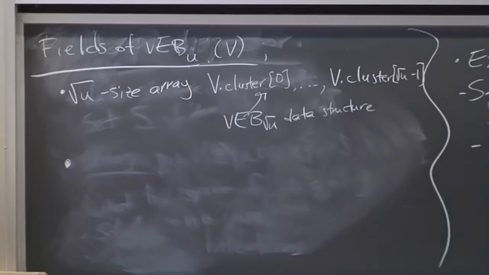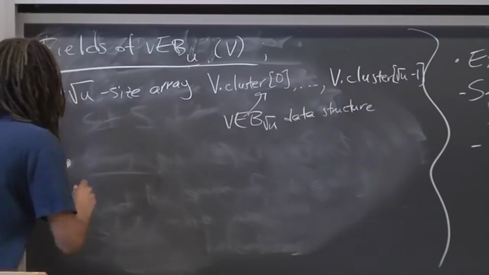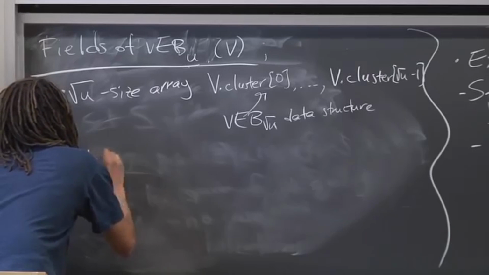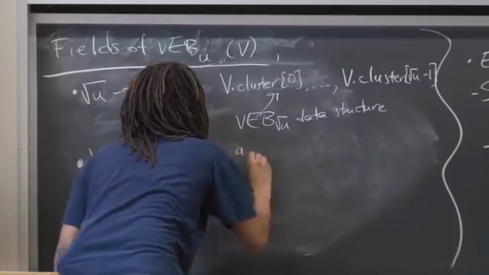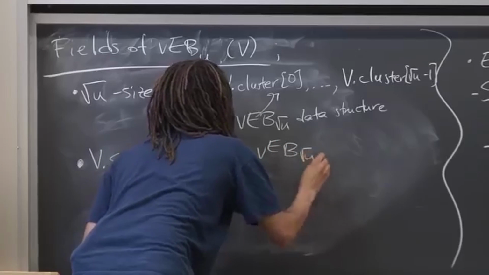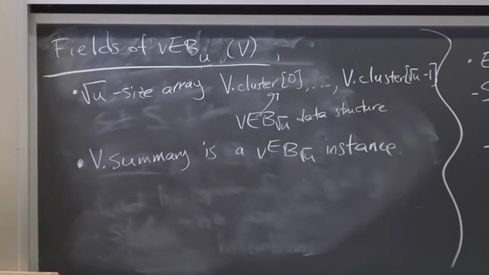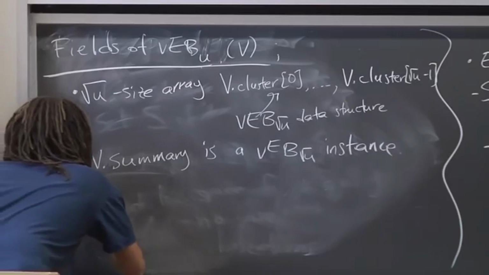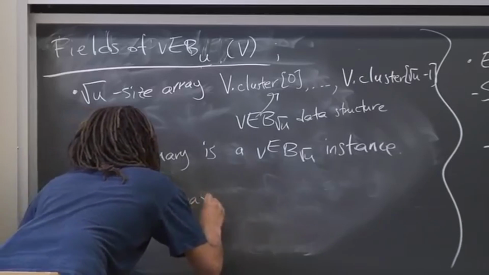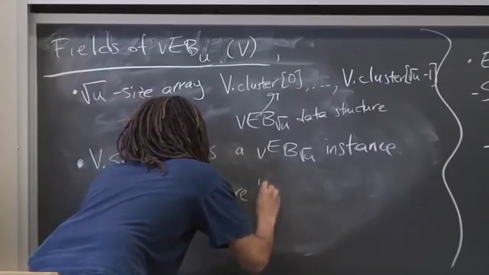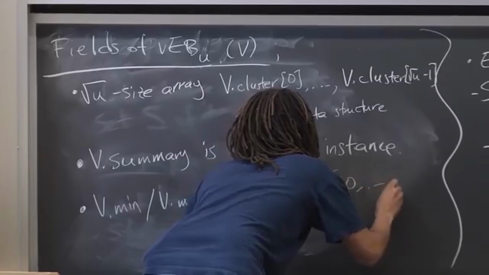We also have a v.summary, which is a VEB square root u instance as well. And v.min, v.max are integers in the range from 0 up to u minus 1.